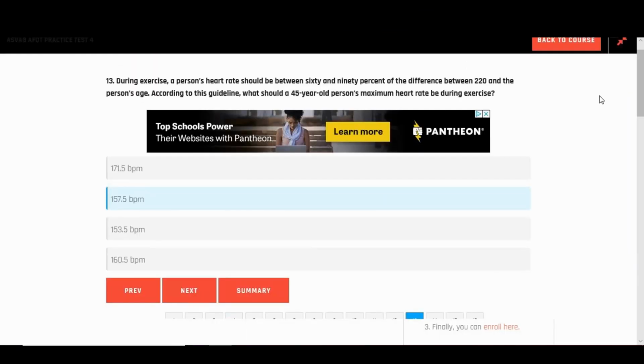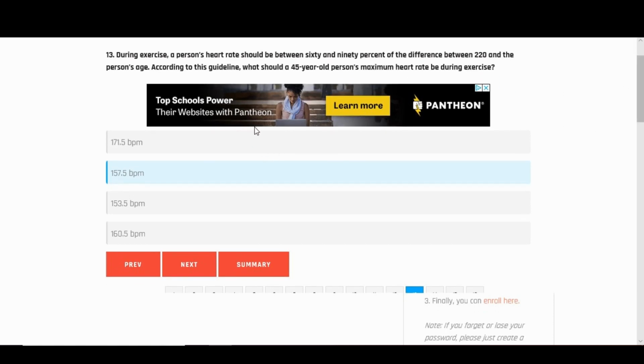Number 13 says during exercise, a person's heart rate should be between 60 and 90% of the difference between 220 and the person's age. According to this guideline, what should a 45-year-old person's maximum heart rate be? So we're given a formula, albeit in a word problem. The first thing I'm going to do is convert this to a mathematical formula.